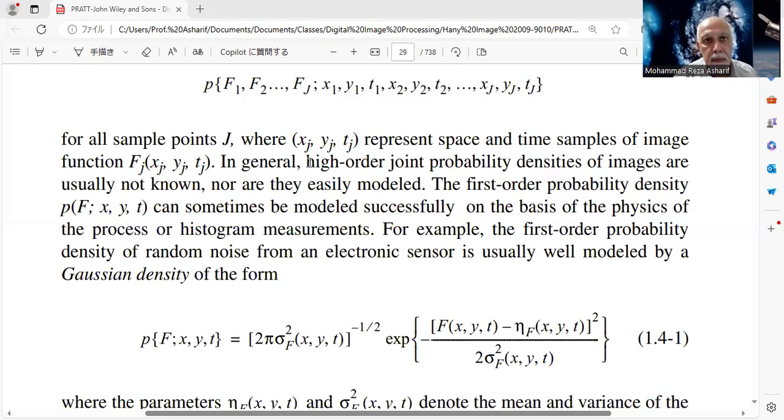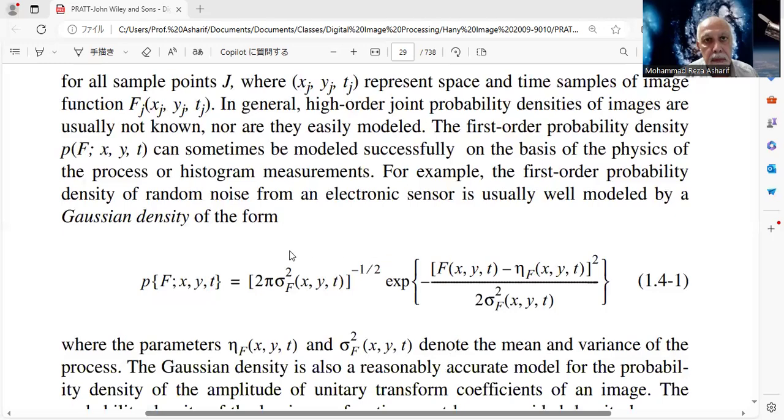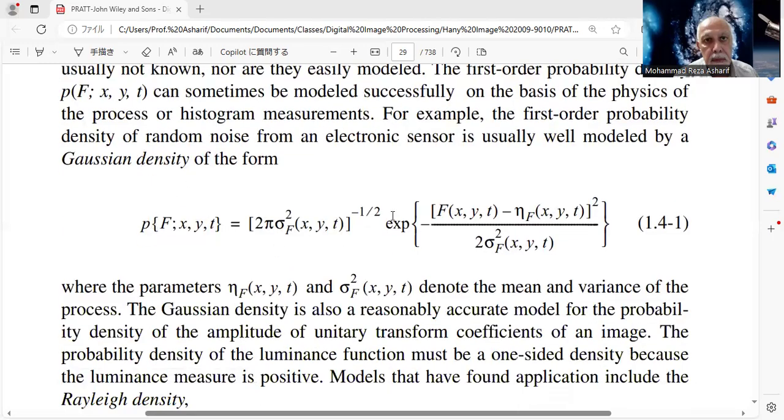In general, the high order joint probability densities of an image are usually not known, nor are they easily modeled. The first order probability density p(f) can sometimes be modeled successfully on the basis of the physics of the processor or histogram measurement. For example, the first order probability density of random noise from an electronic sensor is usually well modeled by the Gaussian density, such as this.